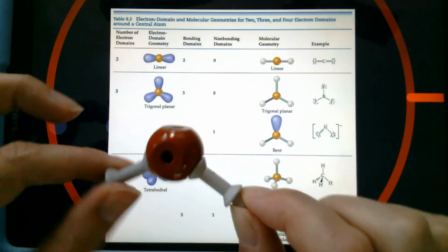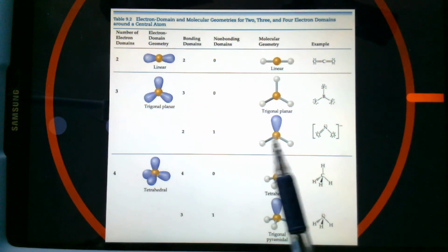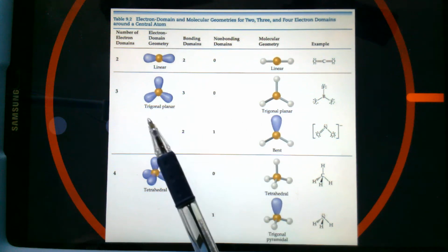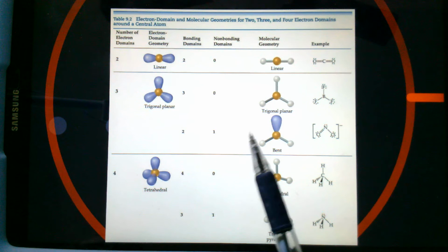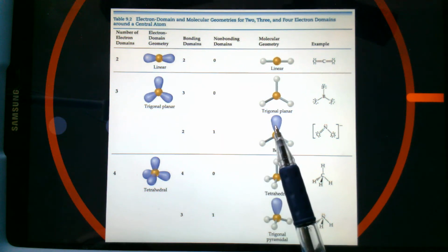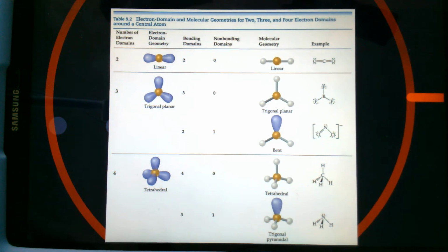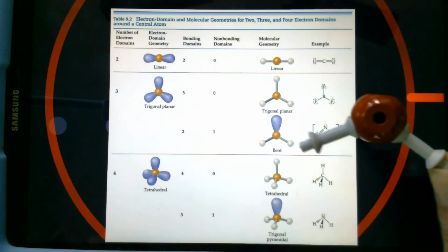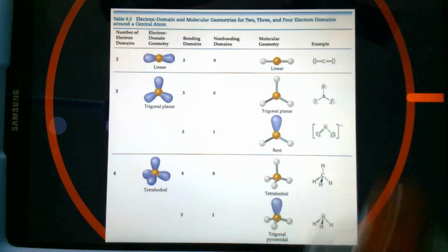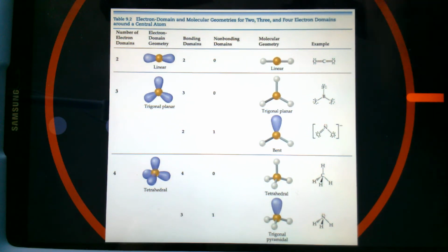This shape is called bend. So we've shown that it is the trigonal planar parent geometry. One of those electron domains is a lone pair, but in terms of the molecular geometry, we only show it as bend.